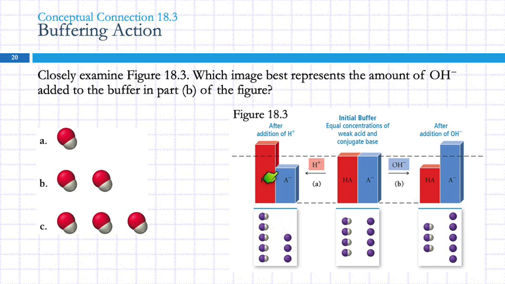So this is that figure we just looked at. Which image best represents the amount of hydroxide that was added to the buffer in part B? So here, when we're adding hydroxide, did we add 1, 2, or 3 molecules?